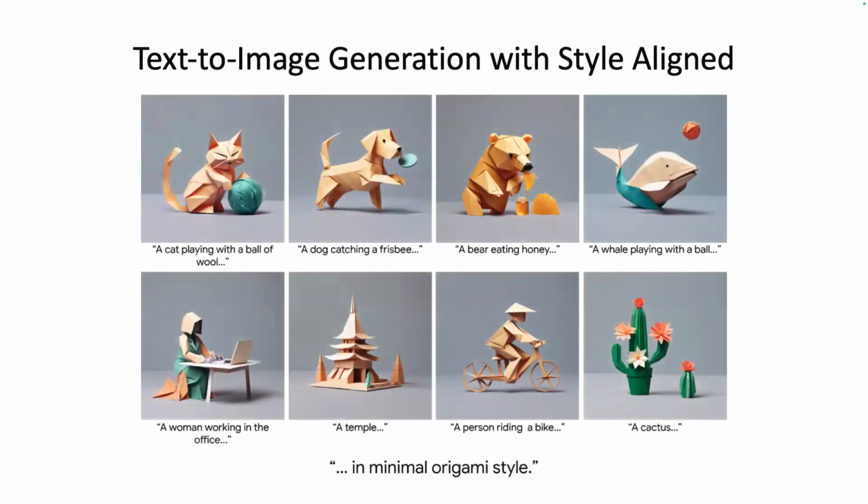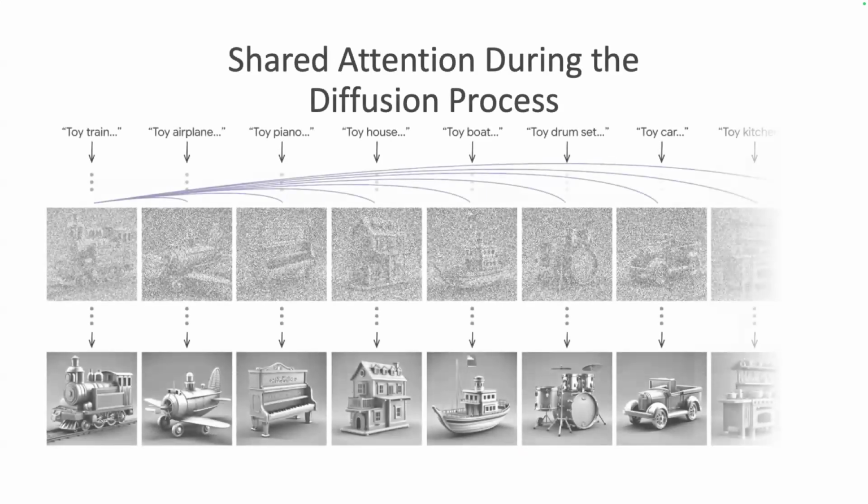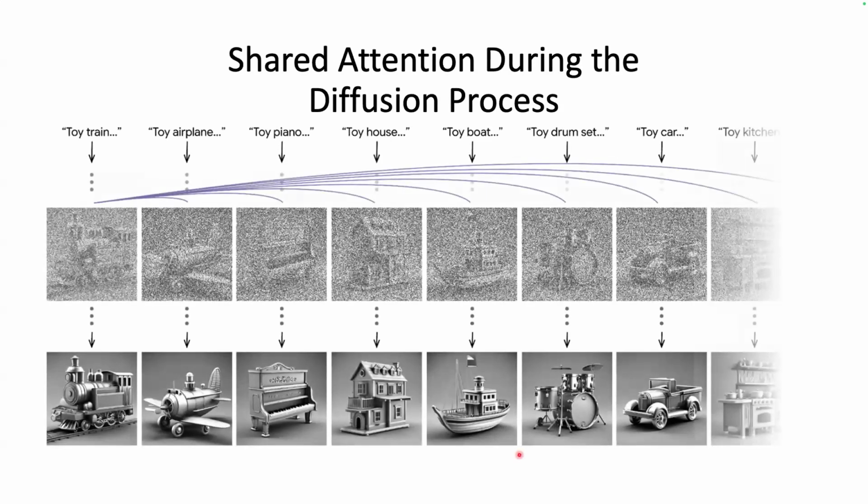And we're interested in something that looks like that. Images that have a common theme. So the way that they propose to do that in this work is actually very similar to what we've seen in cross-image attention.